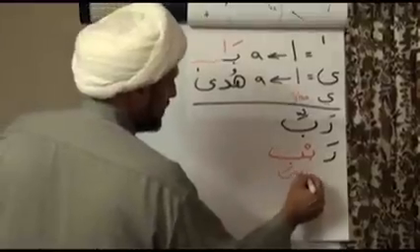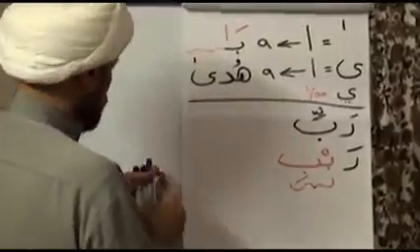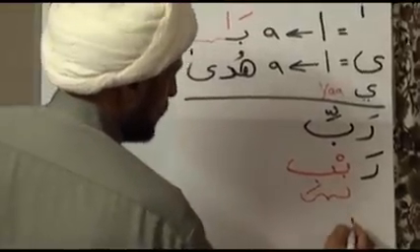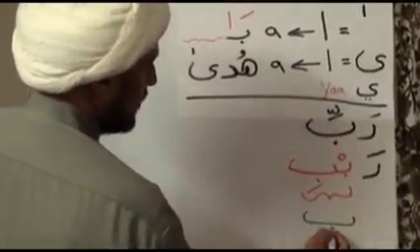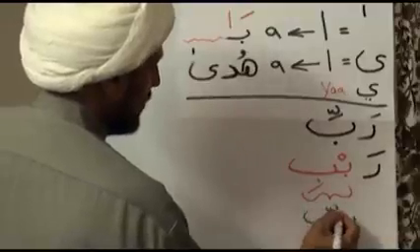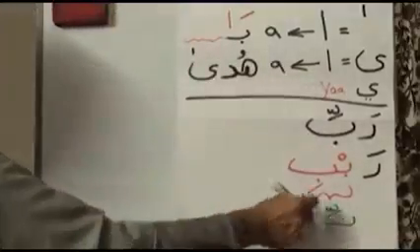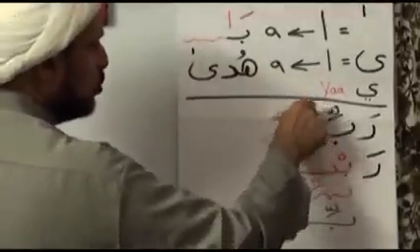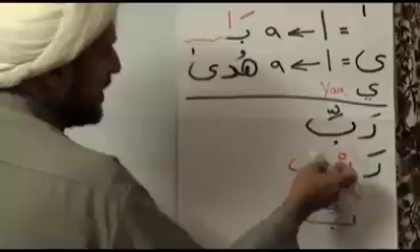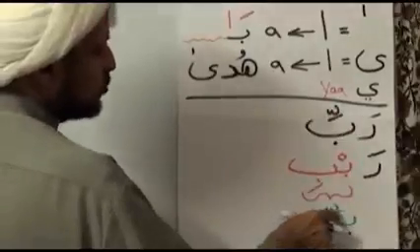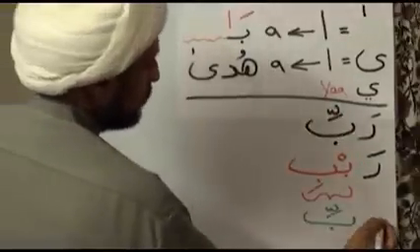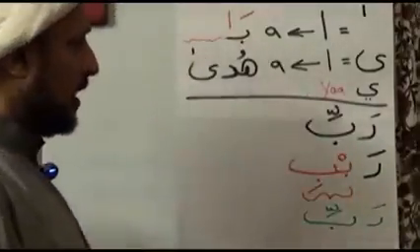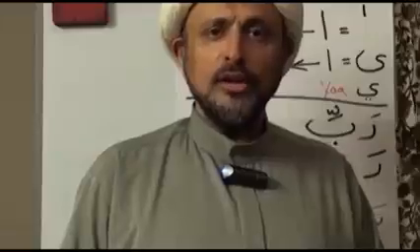We combine these two sounds, and we write one letter and we write the shadda, and underneath it the kasra, because kasra comes underneath. Fatha, the A sound, comes above the shadda. The U sound comes over the shadda. The E sound comes under the shadda. So here we have Rabbi. That's what we call shadda.